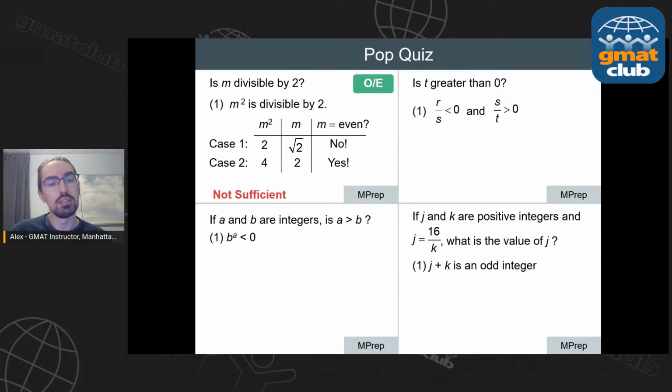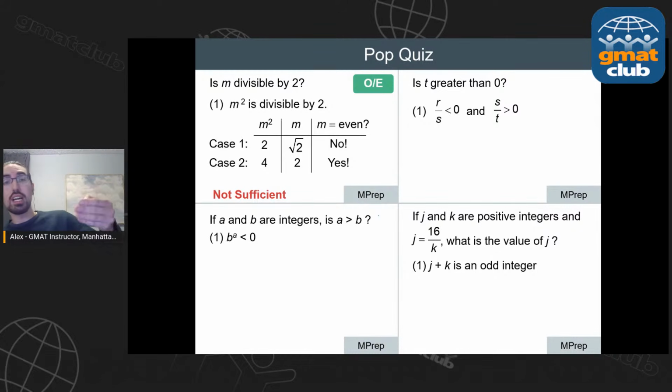Well, what if m squared was 12? That's divisible by 4. The square root of 12 is not divisible by 2. So no, divisible by 4 wouldn't necessarily work. Still would be not sufficient, because we'd have some that work and some that don't.